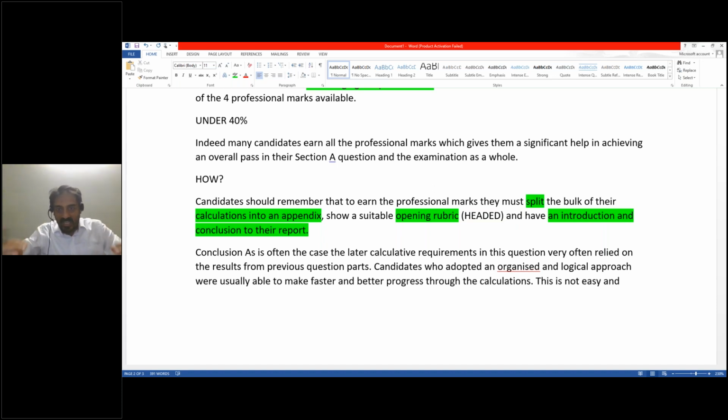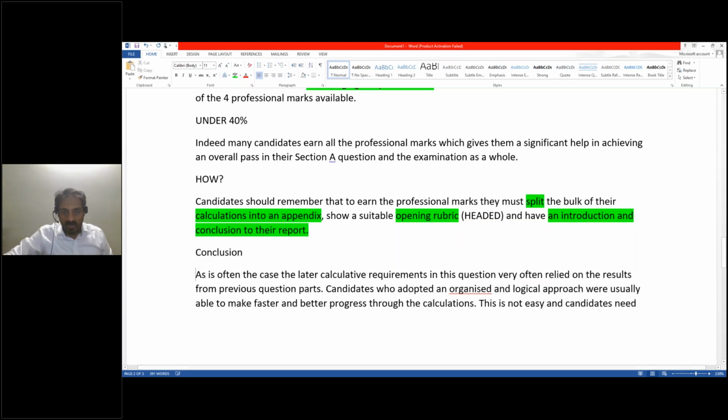If you are attempting the questions in the spreadsheet, work out the headings, allocate the appendix, and follow the report format, including introduction and conclusion, as with the A part question.